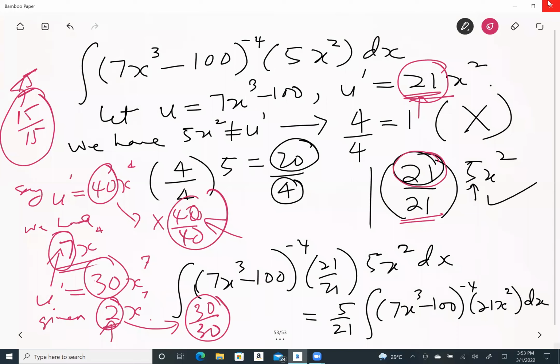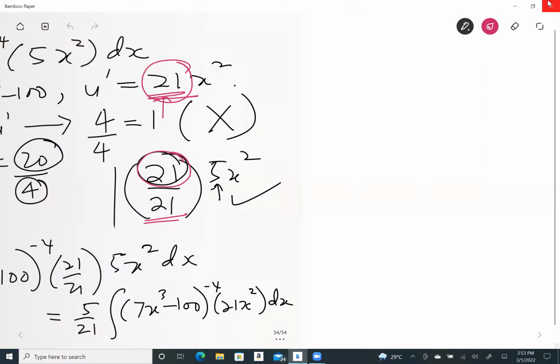Okay, all right, good. So that's how we multiply by ratio of constant. So that is example number 4. It's standard power rule, but you have to do some modification in order for us to be able to do the integration. So I'll give you some questions before I forget.